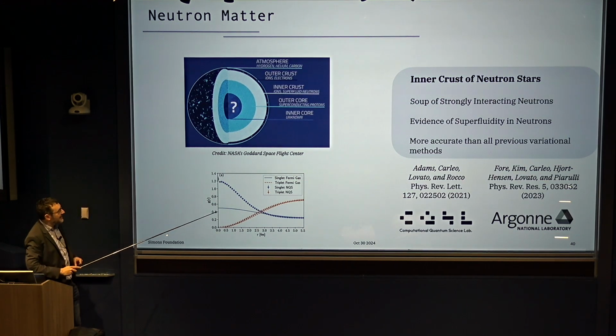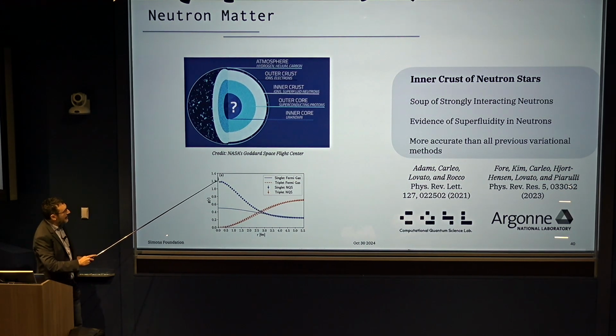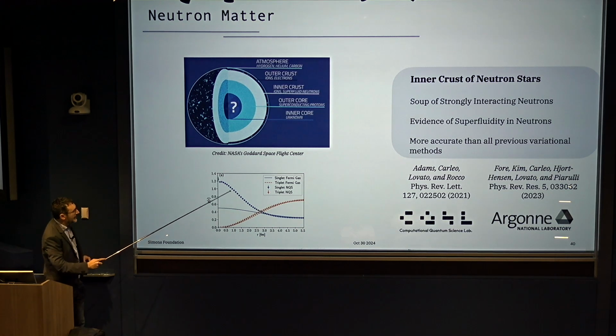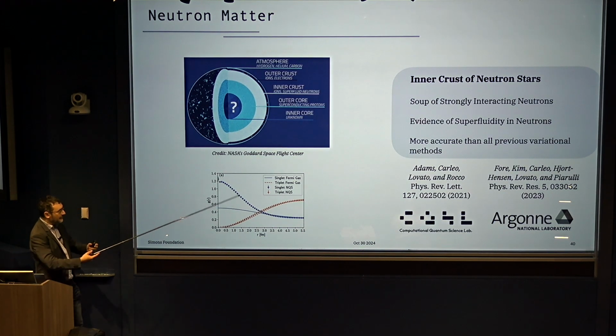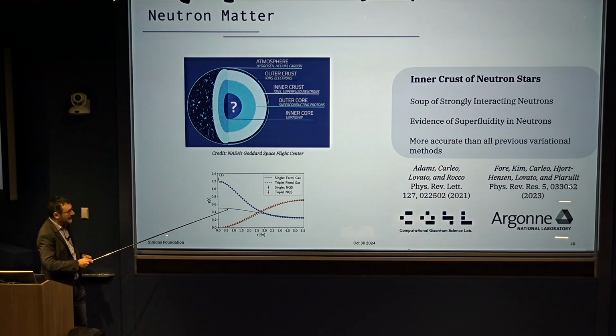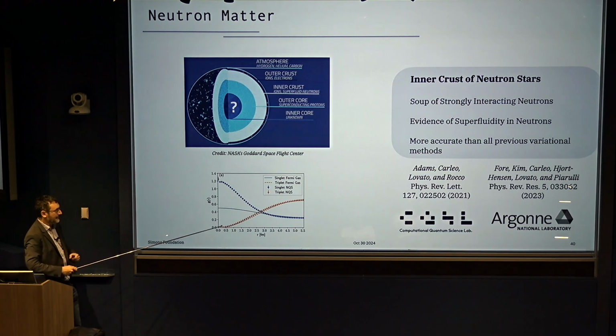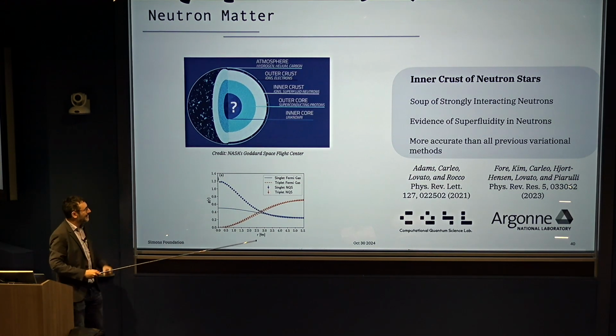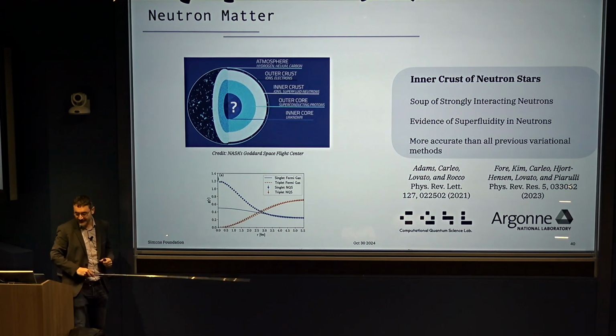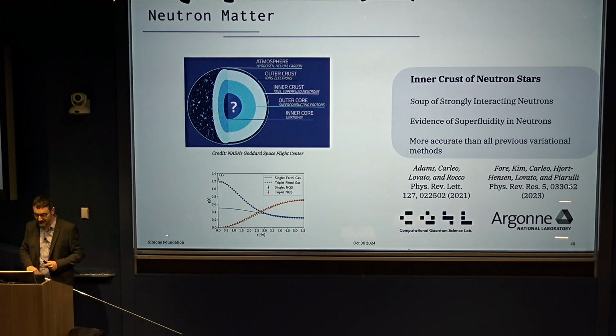You can see this evidence, for example, from this plot, where the predictions from neural quantum states give you the probability of finding 2 neutrons one on top of another. This probability is much more pronounced than what a theory that does not include pairing, a simple metallic theory, would give you. So essentially we find a pronounced tendency of the neutrons to go one on top of another. That is an indication of the fact that there is pairing in this kind of system.